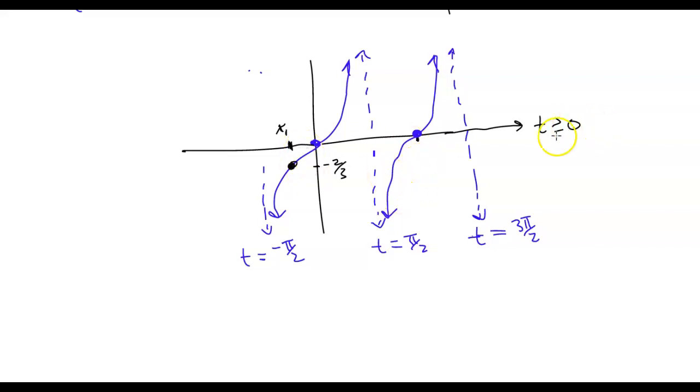But notice here, time has to be greater than or equal to 0, so this point is not one that I actually want, based upon how my problem was defined, or how the system was defined. So this is why we are getting rid of all of this. Okay, so we're starting here when our function tangent of t is going to be greater than or equal to 0.